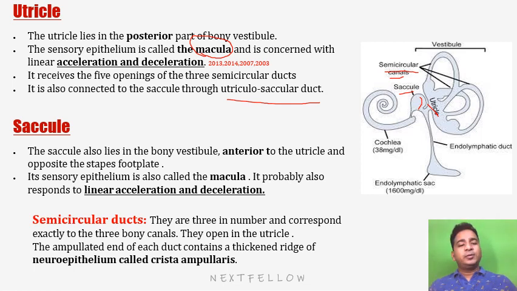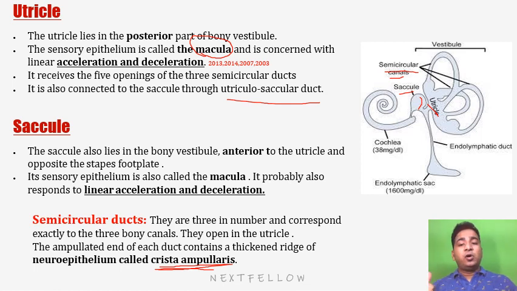Now let's talk about the semicircular duct. We know these are 3 in number, and they have 3 ampulated ends and 2 non-ampulated ends. And these semicircular ducts have the sensory neuroepithelium, which is known as crista ampullaris. And this crista ampullaris is responsible for angular acceleration and deceleration.